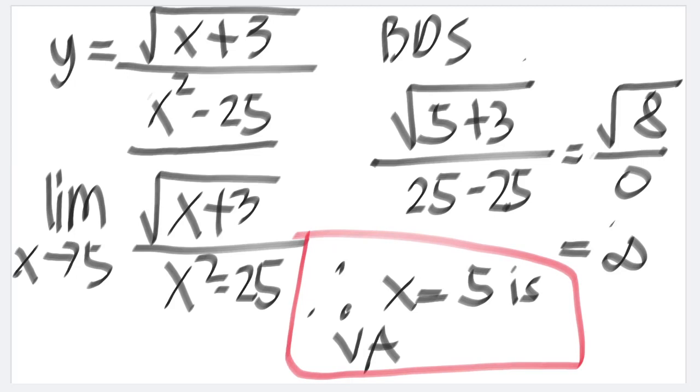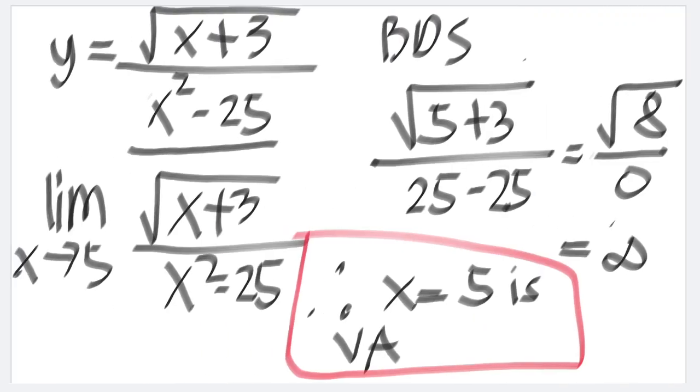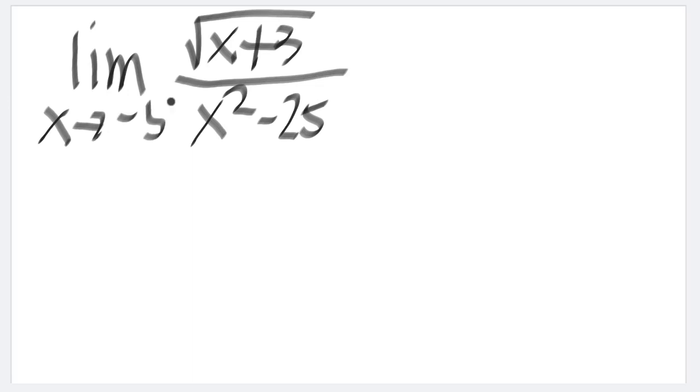Okay, what about negative 5? For x is equal to negative 5, we need to test again the limit of square root of x plus 3 all over x squared minus 25, this time as x approaches negative 5.